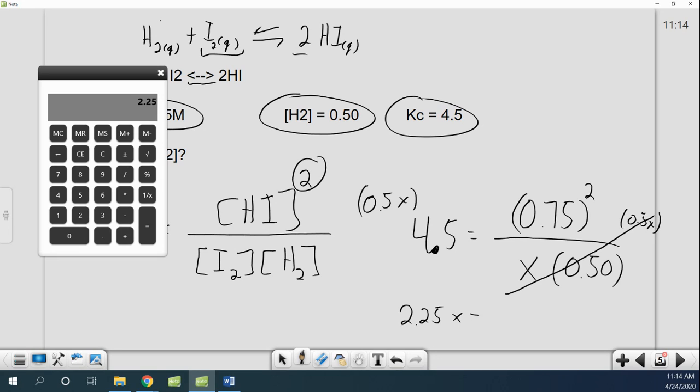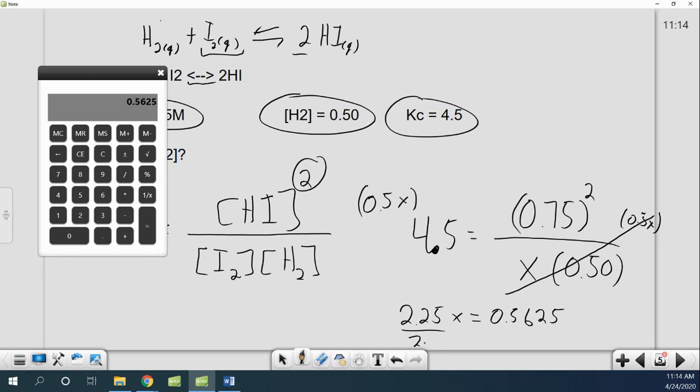I'm left with 2.25x equals 0.75 squared. You know what? I have a better idea. What's 0.75 squared? Is there no square button on this calculator? Oh, that's 0.75 times 0.75. There, I'll square it the long way. Let's just replace that with 0.5625. All right, so how do I get x on its own?